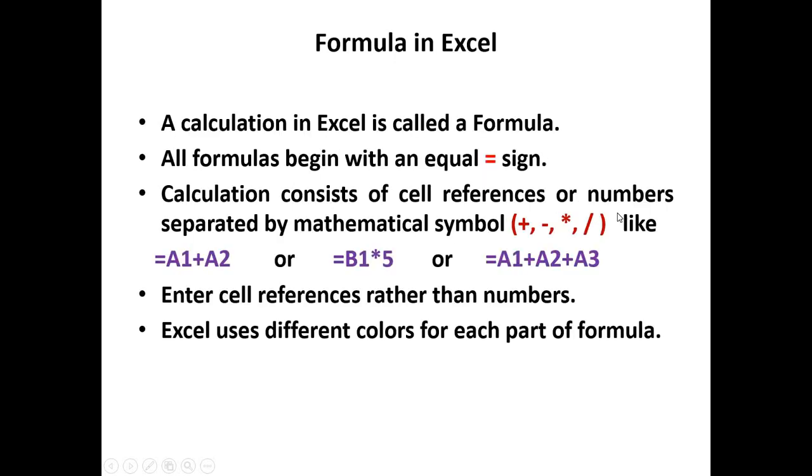In order to write any formula, you must write an equal sign in the formula bar before you write your equation. For example, if you want to add two numbers, write the equal sign before the equation in the formula bar, and then write the names of the cells, A1 plus A2, or you can write a cell name and a number and so on.